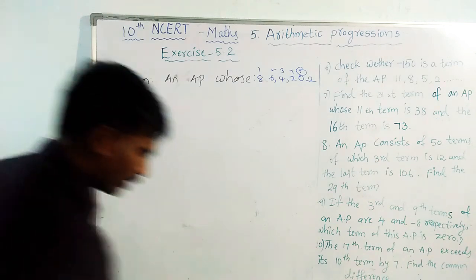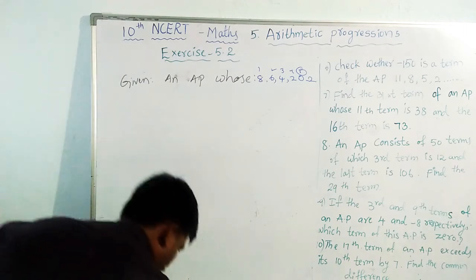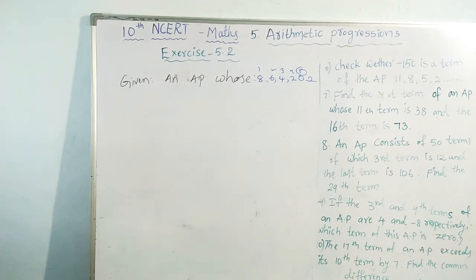Find the common difference. See, what is the given AP? The 17th term of an AP exceeds the 10th term by 7. Find the common difference. Yes.